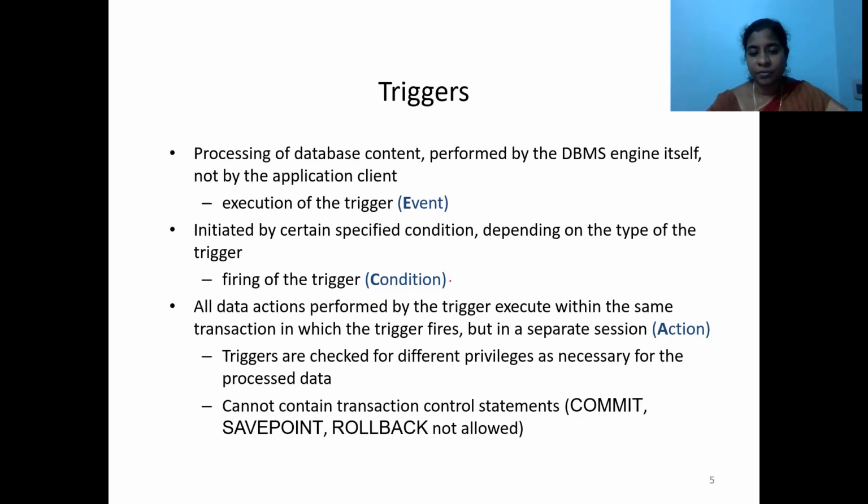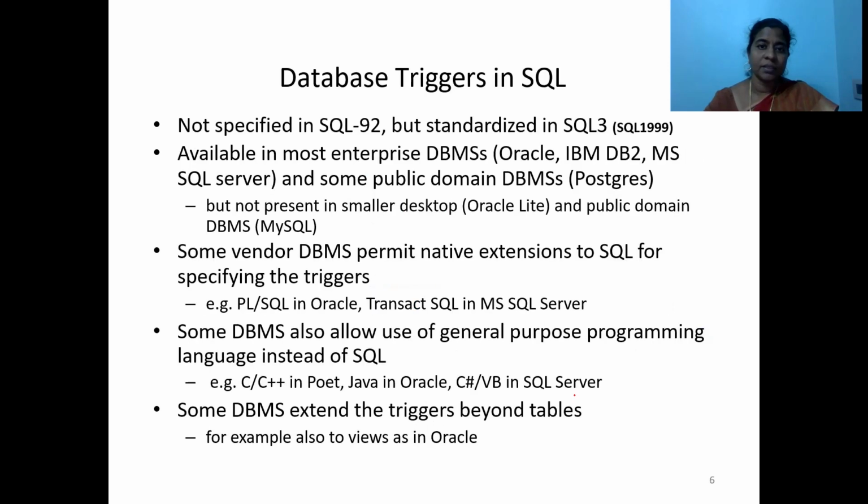All data actions performed by the trigger execute within the same transaction in which the trigger fires. But in a separate section, you have to mention the action you want to do, and triggers are checked for different privileges as necessary for the processed data. A trigger cannot contain transaction control statements like commit, savepoint, rollback, etc. So these transaction control statements are not allowed in triggers.